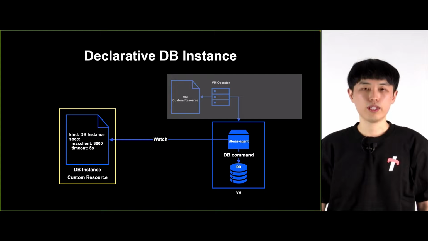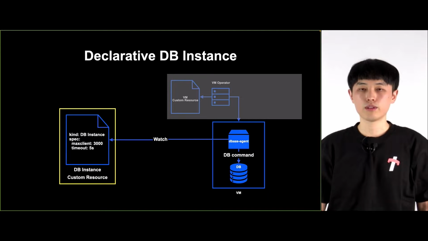Generally, through sharding or replication, the DB is activated with multiple processes, and inside we will call these processes DB instance. The DB instance custom resource is composed of parameters that DB process has. It's different for DB to DB, but for illustrative purposes, let's say the parameters are max client, limiting the maximum number of clients, and timeout, limiting the time.